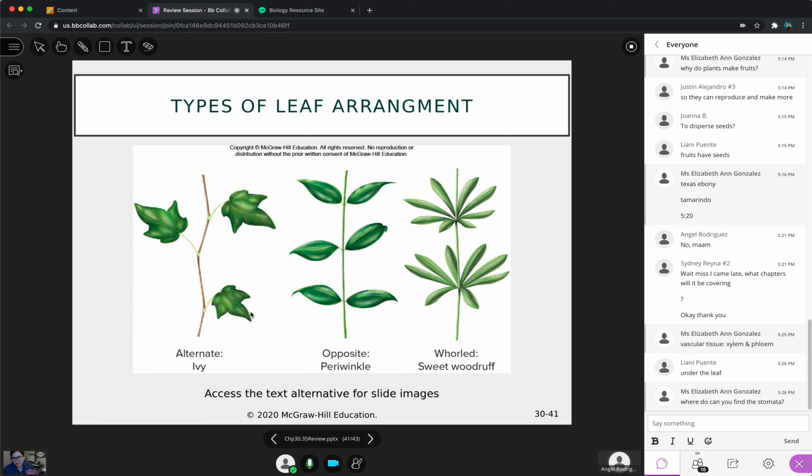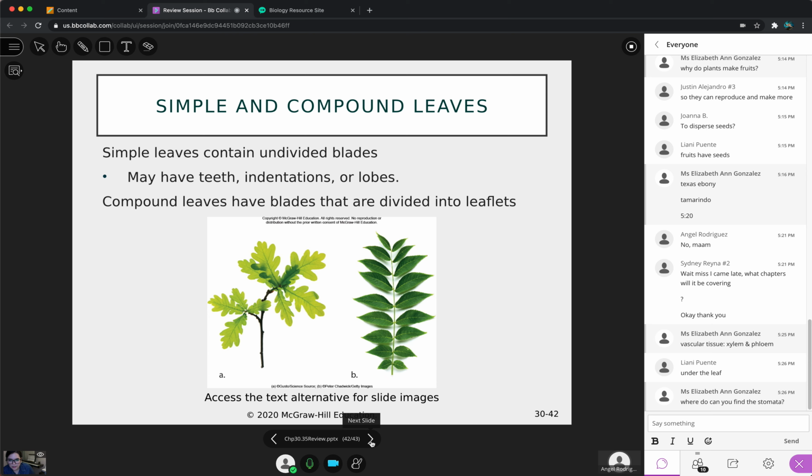Here are some diagrams of leaf arrangement, the way that they grow. You can have them alternate and opposite or whorled, and then I think I have another picture. Yeah, here we go. You can have what we call a compound leaf. On the letter B, that's an example of a compound leaf.